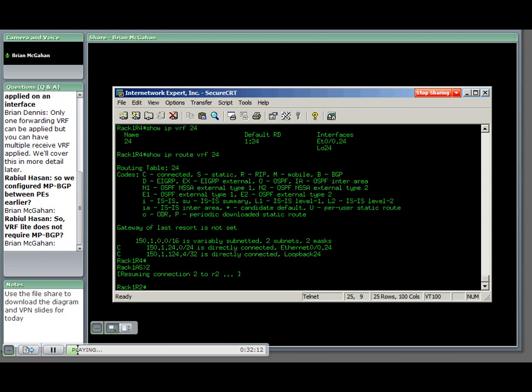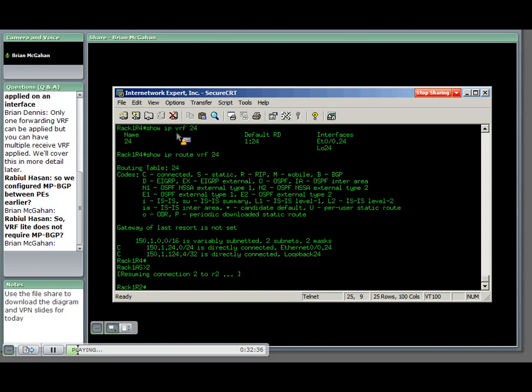It's multi-protocol BGP that is going to enable MPLS to keep track of those different routing tables. But at this point, the only thing we're doing is creating a VRF and applying it to the interface. So this is known as VRF or multi-VRF CE. They're both referring to the same configuration here, which is basically VRFs without multi-protocol BGP.